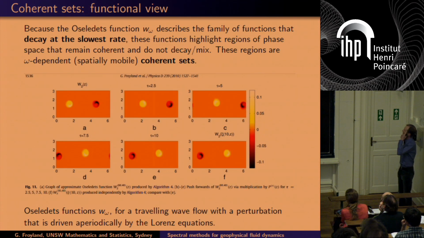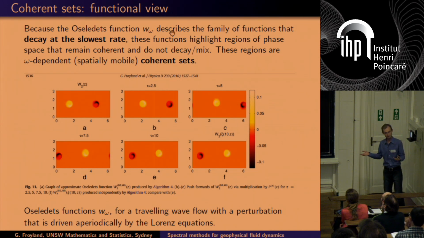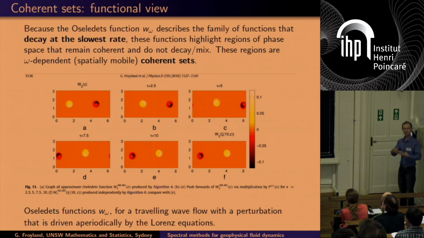Okay, so what does this have to do with fluids and geophysical fluid flow? Because these Oseledets functions represent families of functions that decay very slowly, there must be some features embedded in them that are also decaying slowly, and these are features that we're going to be interested in the geophysical setting, because they are features that are not mixing in the fluid very quickly.